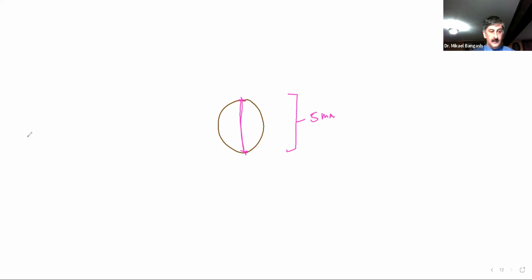Then I say, measure the width, and you measure from here to here, and you say this is also 5 millimeters. Clear? All that is going to become relevant later on. But most of our crystals are not going to be like this. They are rather going to be like this.